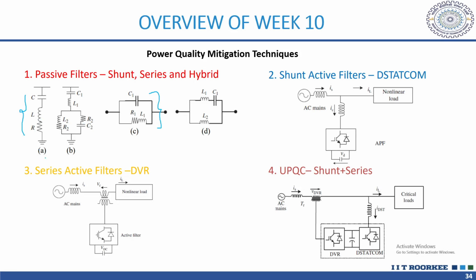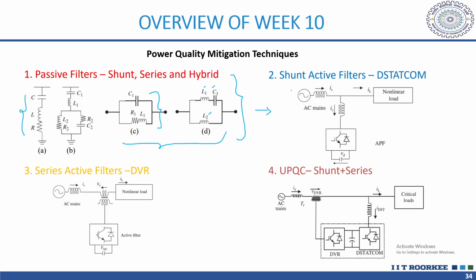These are shunt, series, and hybrid combinations. Then, due to their disadvantages, firstly, they cannot adapt to the system, because these are fixed quantities and we can't change them. Then their size is also high. So we go for active filters, which can actively adapt to the system conditions.